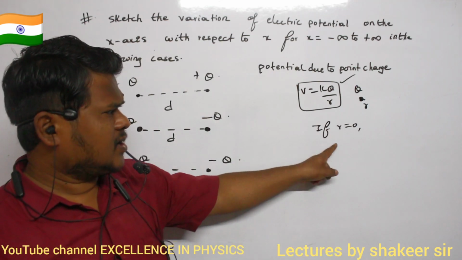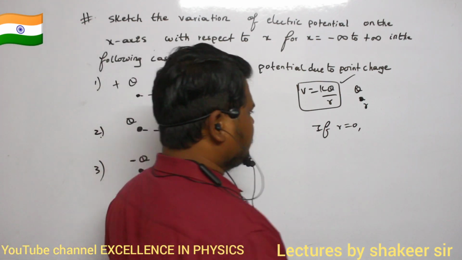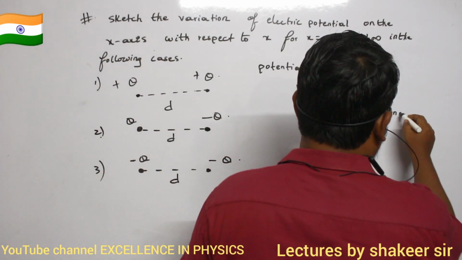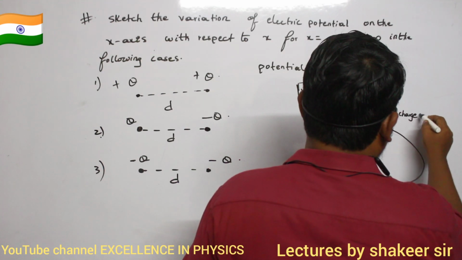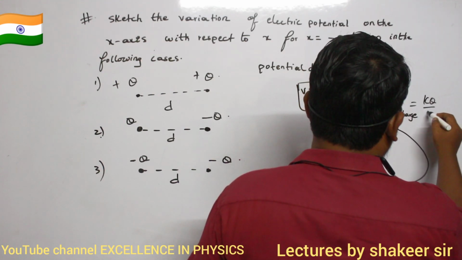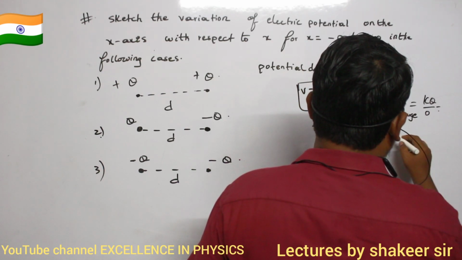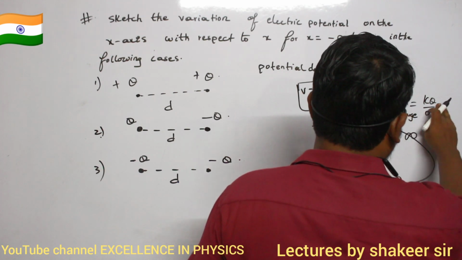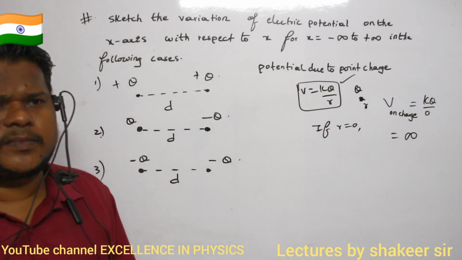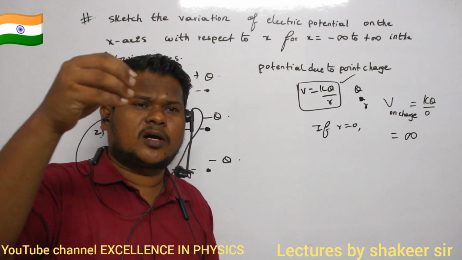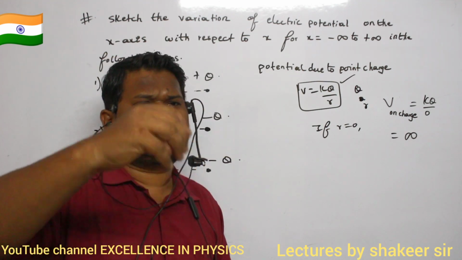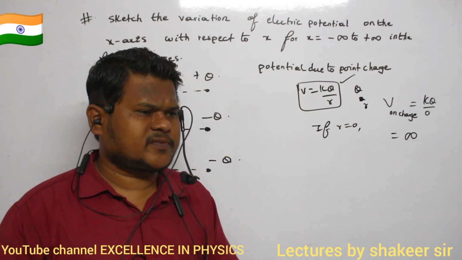So if R becomes 0, what will be the potential on the charge? KQ by 0 will become infinite. So the potential on the charge will be infinite. Infinite means very, very large.